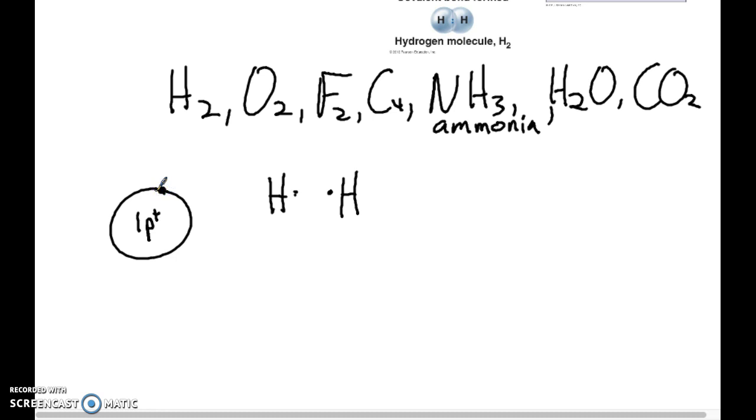Well, if you have two hydrogens, they can combine with each other rather than one taking it away, and they just share those two electrons. So they share, and this hydrogen and that hydrogen feel like they both have access to two electrons because they're sharing with each other. And instead of just doing two dots, we usually just draw a line right there, and that shows that we have a covalent bond between those two hydrogens.